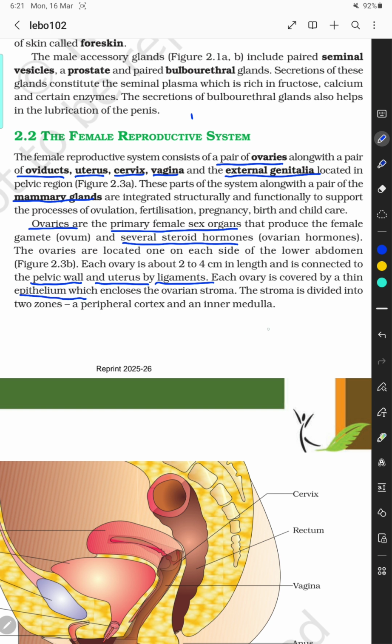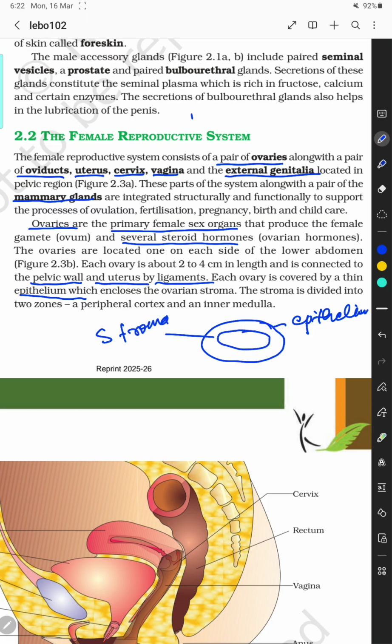Suppose this is the section of the ovary, this outer covering is epithelium, and the inner part is known as stroma. The stroma is differentiated into two portions. The outer portion is cortex and the central portion is medulla.